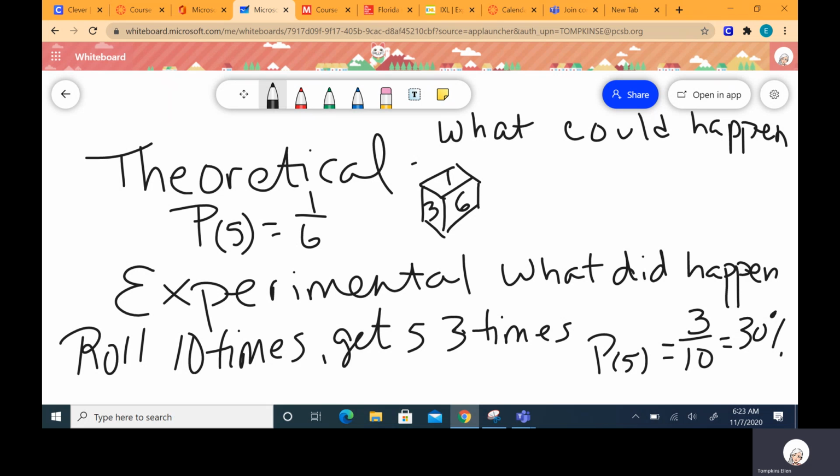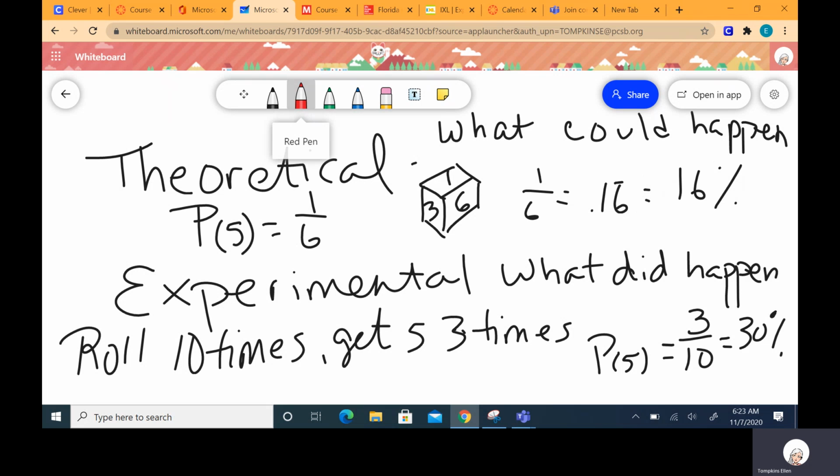right? And 1/6 equals 0.16 with a bar on it, so 16%.